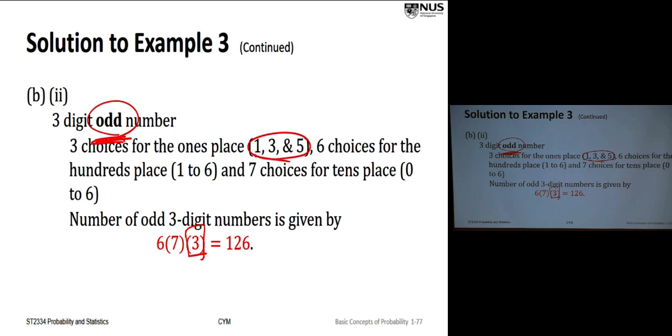I can reuse the ones place digit. Then for the remaining tens place, you fill up any digit that you want. So there are 7 choices because you can use the digits more than once.